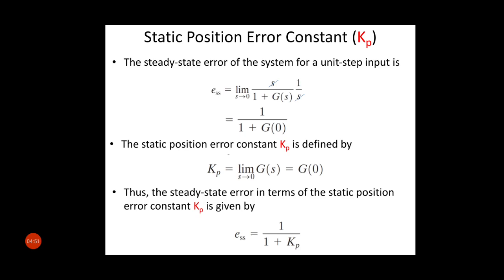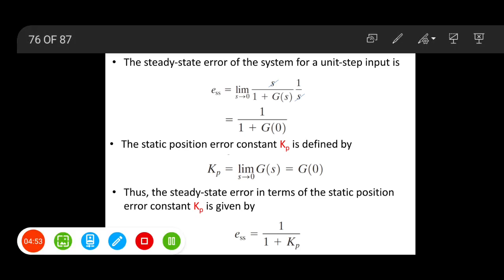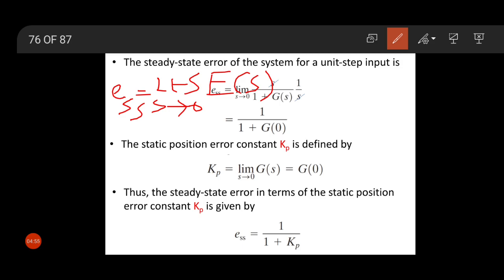This is the equation of steady state error, ess equal to limit s tends to 0 sE(s), and we know E(s) equals R(s) divided by 1 plus G(s)H(s). R(s) is our input, and in this case the input is a unit step, so R(s) equals 1 by s.